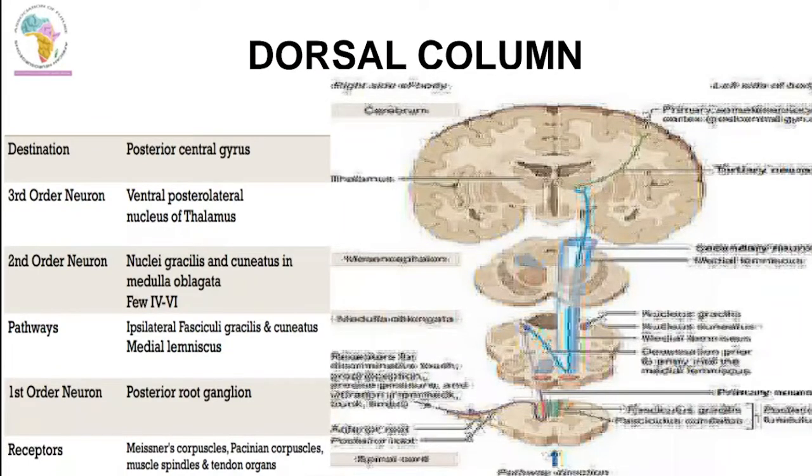Of which we know that they're losing the sense of position because it is the dorsal column that receives proprioceptive sensations. So meaning if degeneration of the posterior white column happens, they might lose their proprioceptive ability, meaning they will lose their position sense.